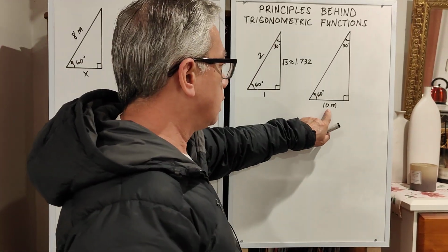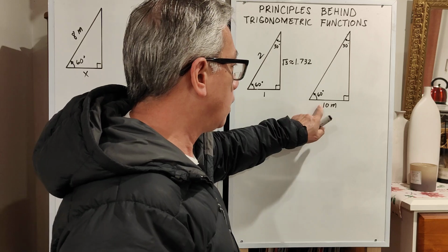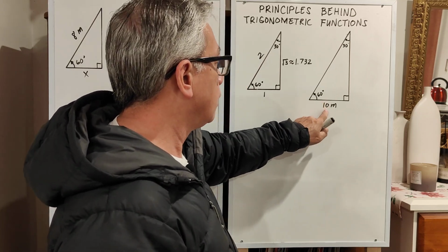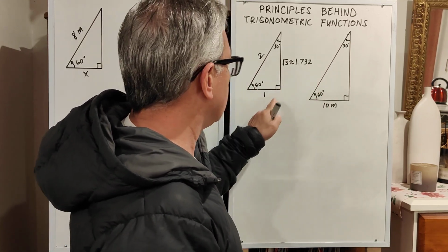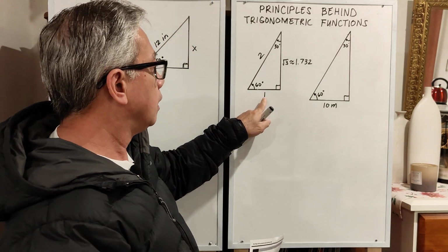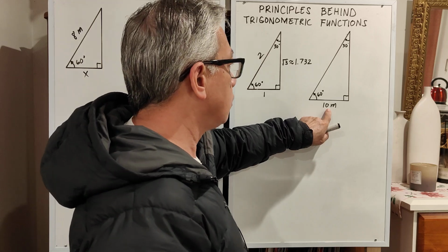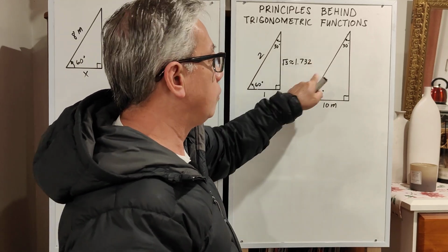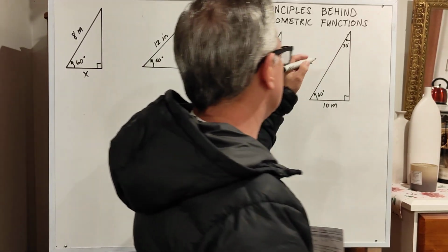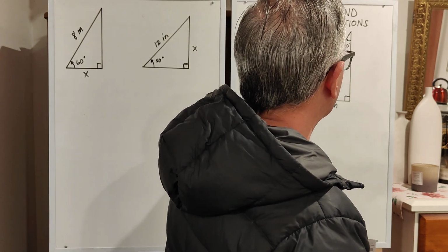So if this side is 10 meters, and we want to get this side, you will see from here it will be times 2. So this 10 meters, we multiply it by 2, and we get the hypotenuse, which is 20 meters.